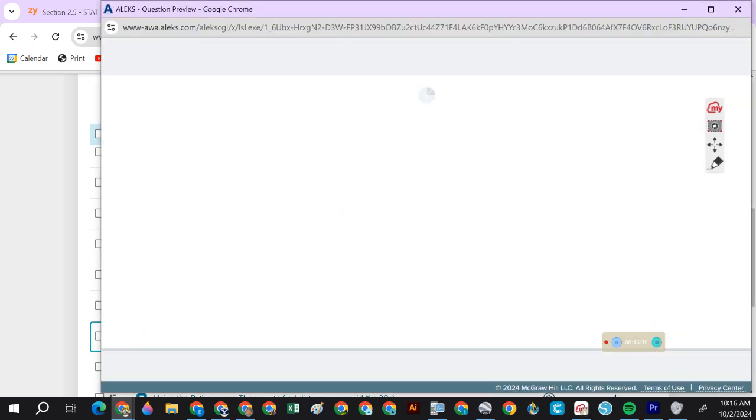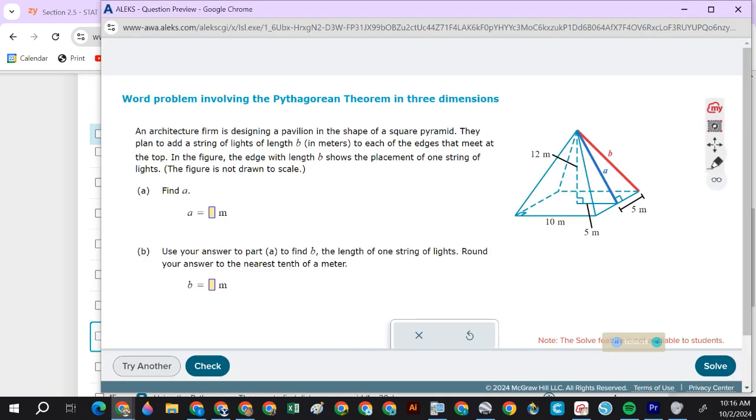This one. Okay. These are a little bit tricky. So I need to know how big is A and how big is B. Now, these A and B are not the A and B from the Pythagorean theorem. These are just variables.